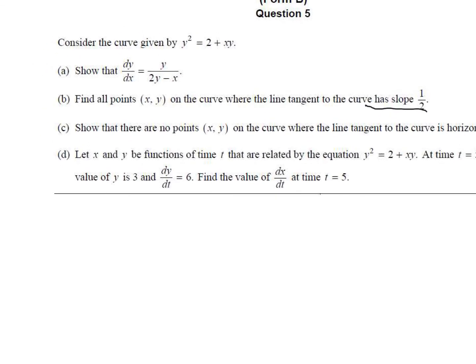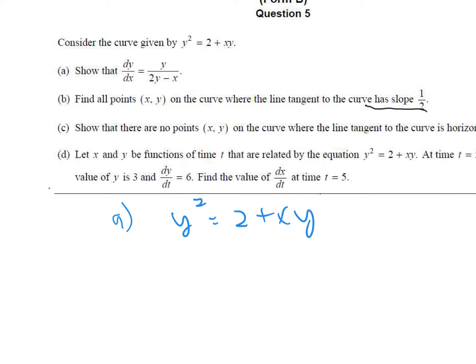Show that the derivative is, okay, we've done one of those before where we just had to prove that the derivative is what they say it is. So I'm going to write out the equation so I have it visible for me most of the time. Y squared equals 2 plus xy. Doesn't look like a hard one to do.